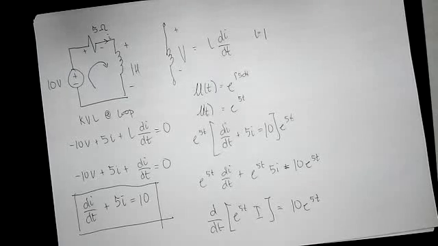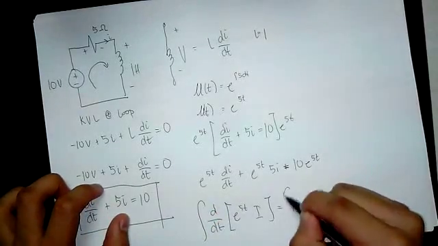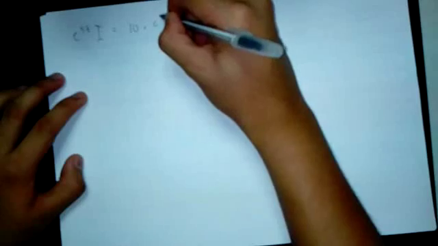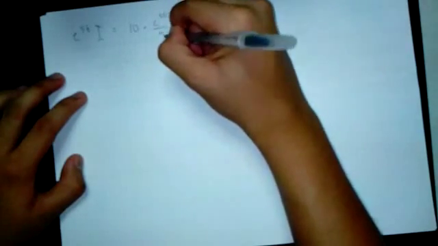Now, we need to integrate both sides. Integrate, and we would get e to the 5t I is equal to 10 times e to the 5t over 5 plus c.